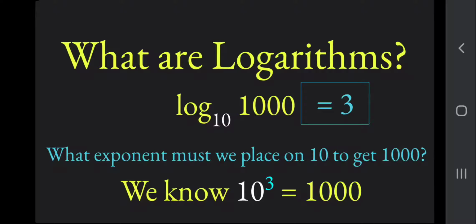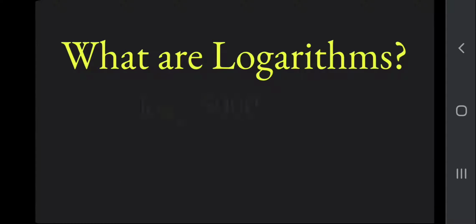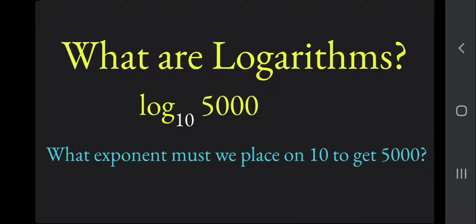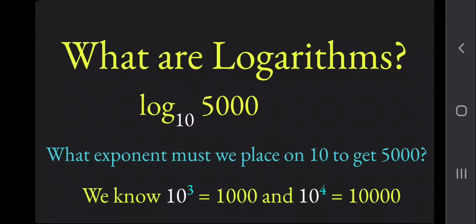So just to play around with this idea a little bit more, let's look at log base 10 of 5,000. So again, the question to ask yourself is, what exponent do you need to place on the 10 in order to get 5,000 now? Well, we can get an idea where this is going to go if we realize that 10 to the third power is 1,000 and 10 to the fourth power is 10,000.